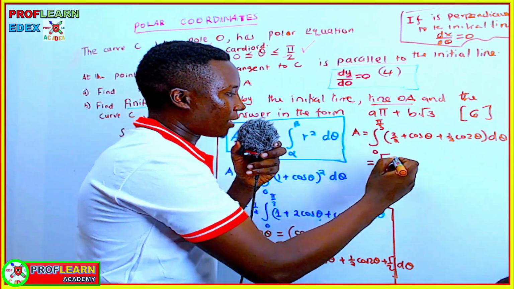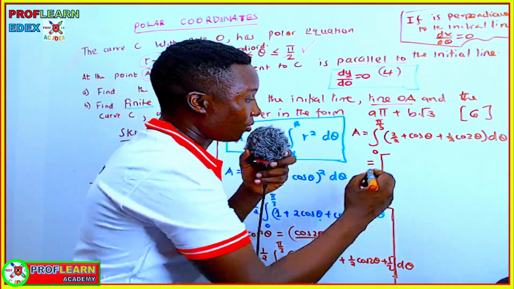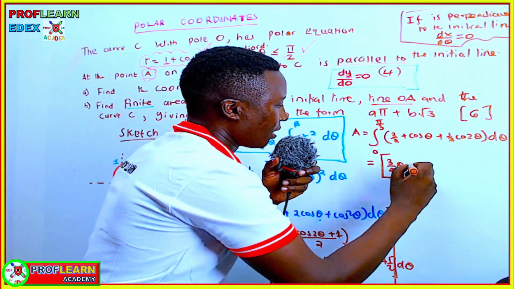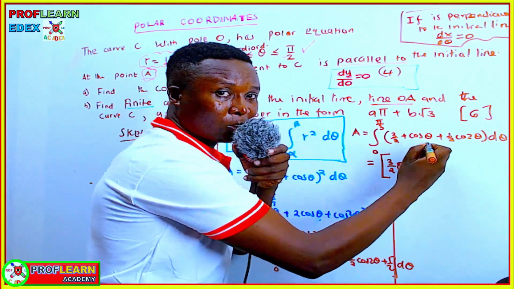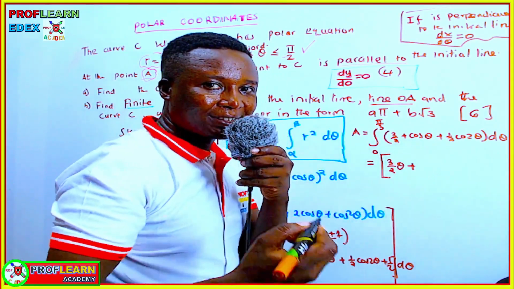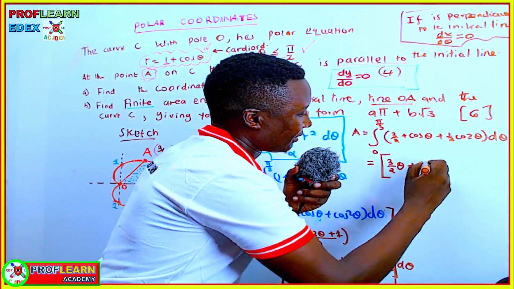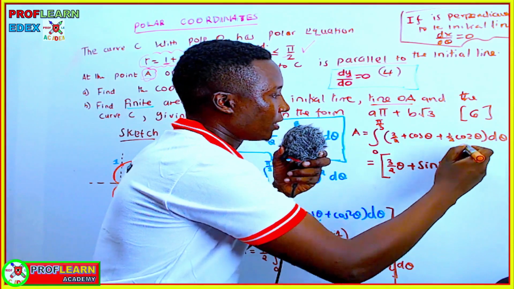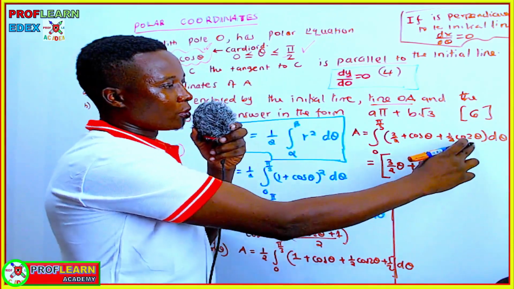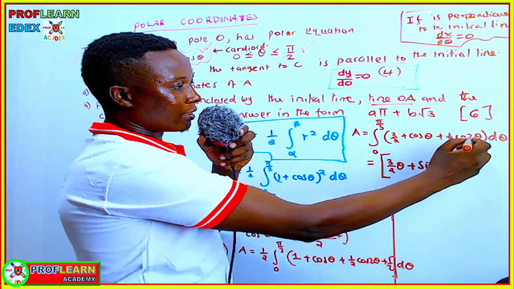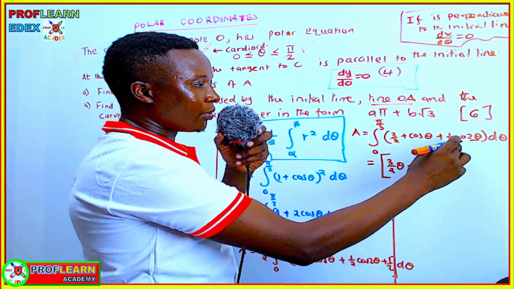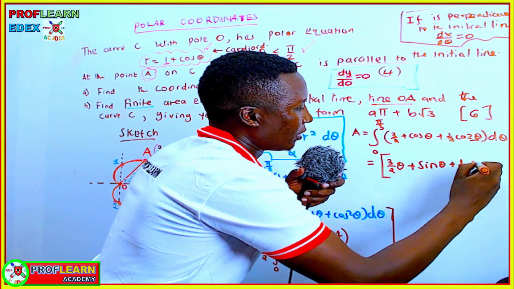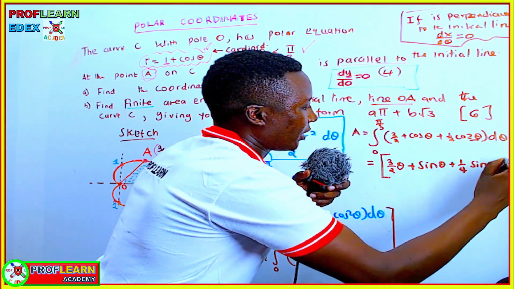Integrating 3 over 2, we are going to get 3 over 2 theta, then plus integrating cos theta, you are going to get sine theta, and integrating cos 2 theta, of course, we are going to differentiate this part that is inside here. We get 2, then we divide it here. So we're going to have 1 over 4 sine 2 theta.